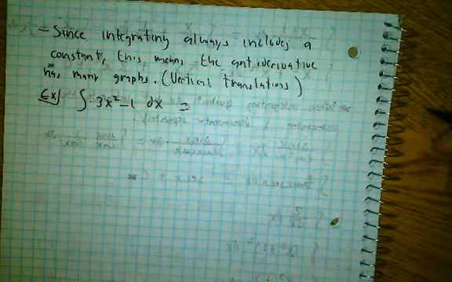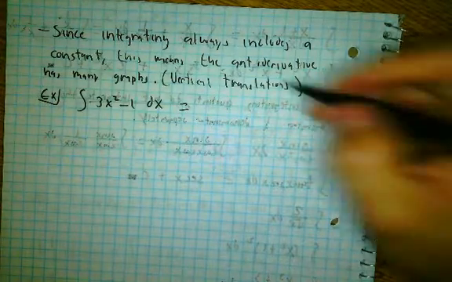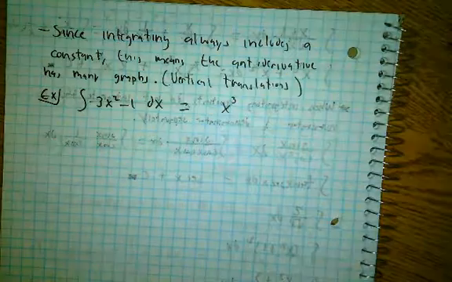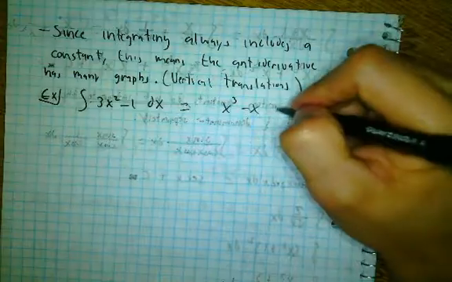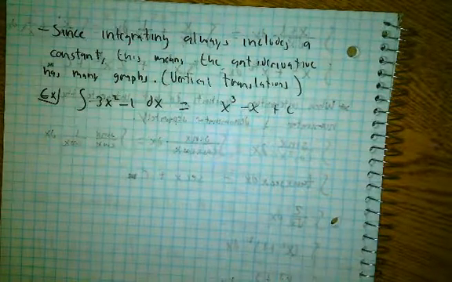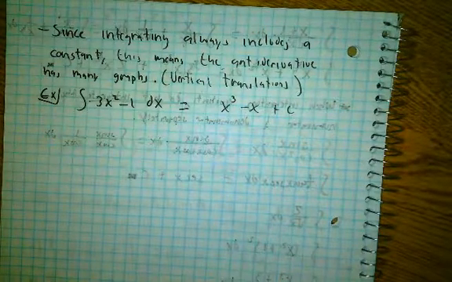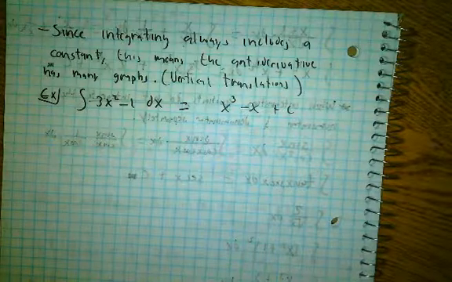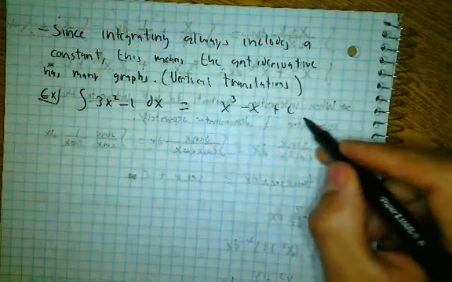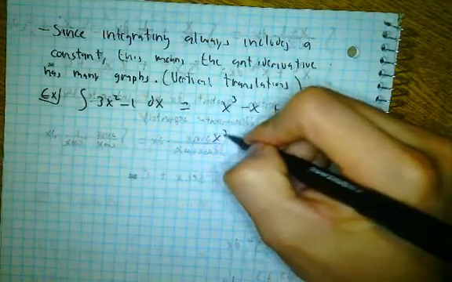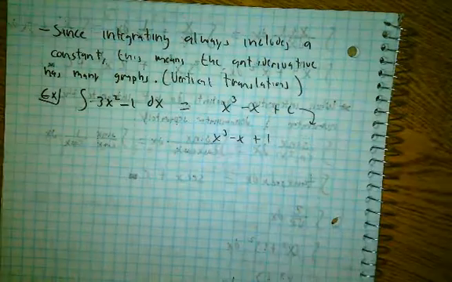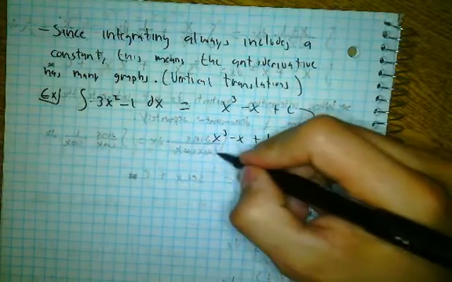Okay, if I graph this, we have maybe x to the third minus x plus 1, or maybe you can have x to the third minus x plus 2, or x to the third minus x plus 0, and so on in that direction. Agreed? You guys with me? Those are an infinite number of possibilities.